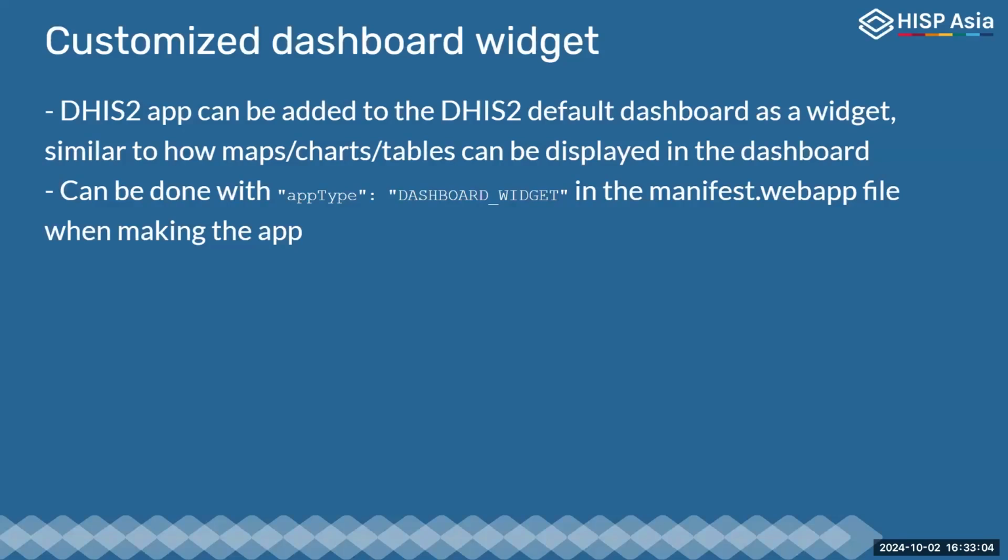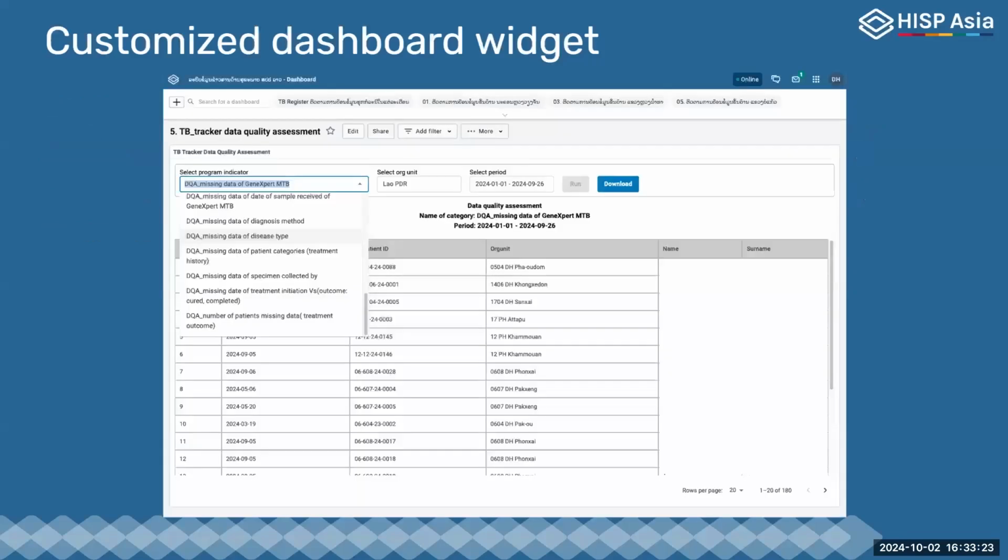Because sometimes they want to use the default DHIS2 dashboard, but some types of widgets could not handle the requirement. So that's why we created the custom widget, so people can add it to the default DHIS2 dashboard and use it easily. This is one example of the customized dashboard widget.